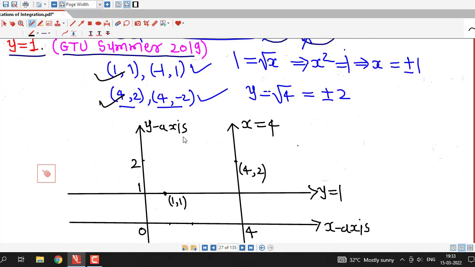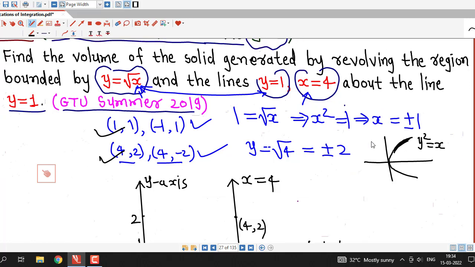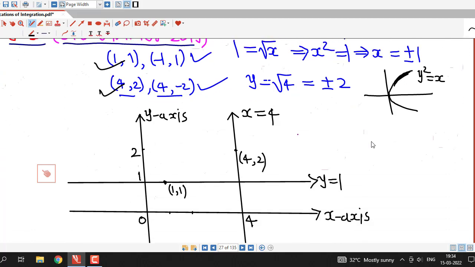Now this parabola y equal to square root of x has this type of shape. We are familiar with the shape of the parabola y equal to square root of x, or y square equal to x, but we require the portion which is bounded by these two lines and y equal to square root of x.